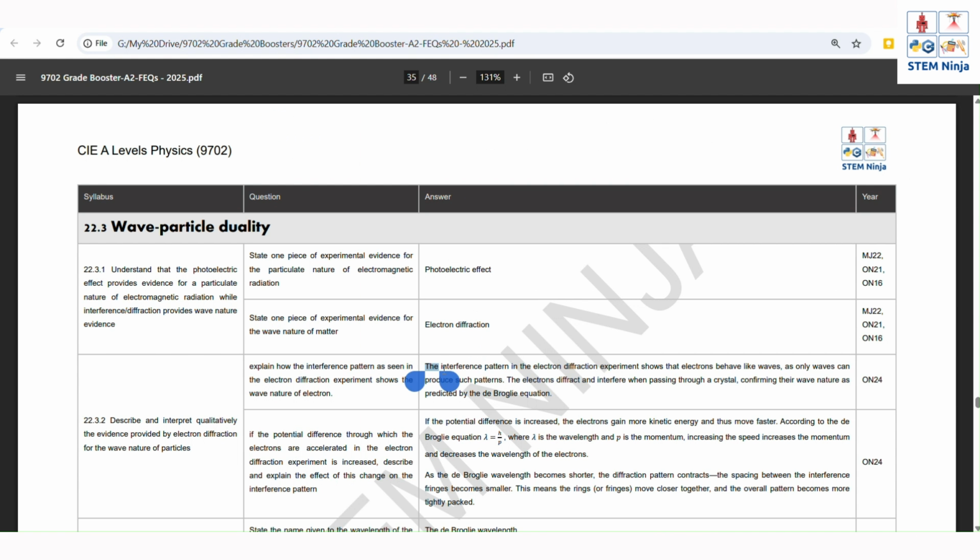Okay, so the interference pattern in the electron diffraction experiment shows that the electrons behave like waves, as only waves can produce such patterns. So this is the characteristic behavior of waves.